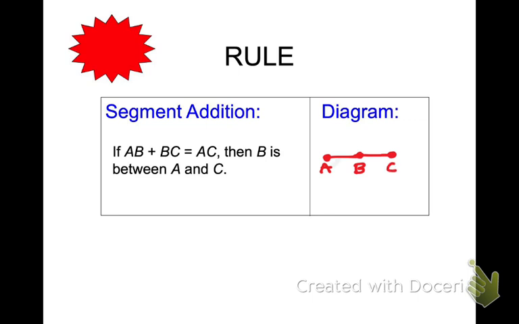So if the blue chunk plus the yellow chunk is equal to the whole green chunk, then B has to be between it. Right? So the length of A to B plus length BC is equal to AC. So it's not very complicated stuff. We're just adding segments together.